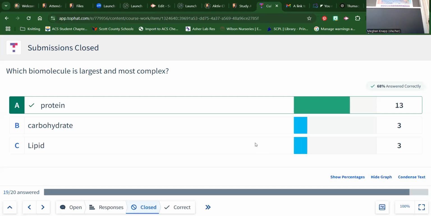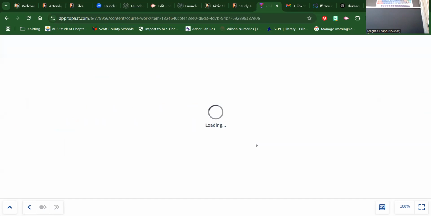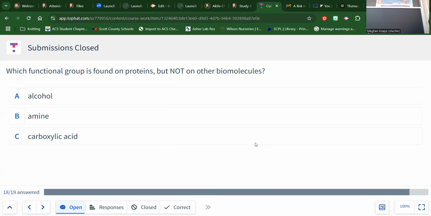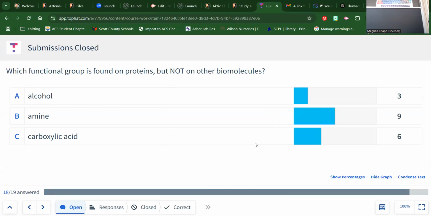All right. I think we have one more question. Which functional group is found on proteins? The only one that we found on proteins, but not on the other biomolecules. All right, so this one we had a little bit more trouble with.